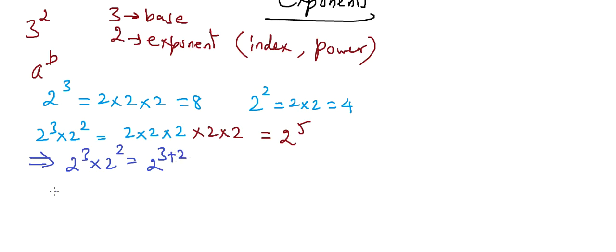So in general, a power m into a power n is equal to a power m plus n. That means if we want to multiply two numbers in exponential form and the bases are the same, then to find the product we need to retain the same base and add the powers.